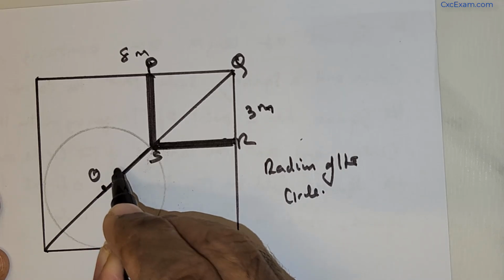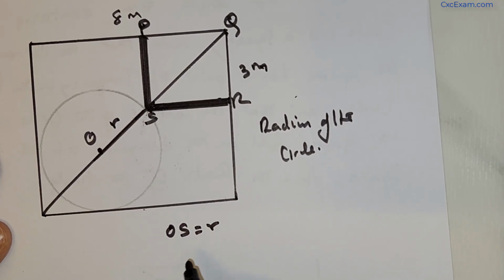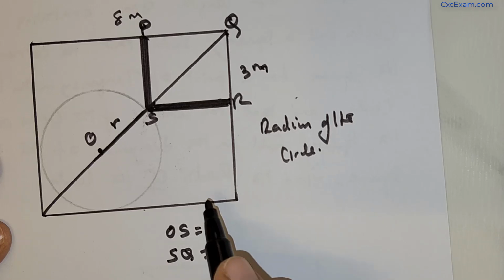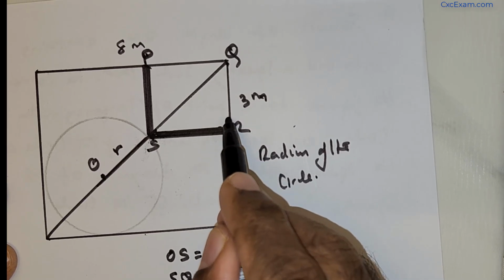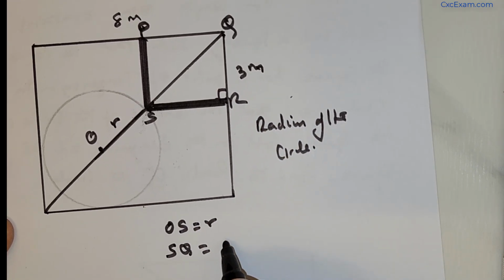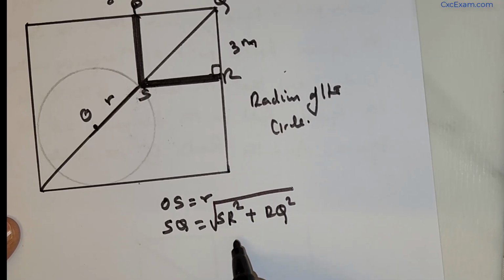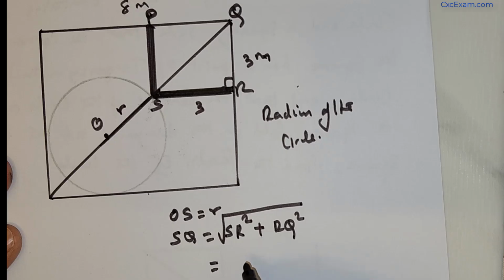Now this is clearly taken to be R, so OS is equal to R, and we will get SQ. SQ is going to be equal to, this is a right triangle, right? So I will be using the Pythagoras law, which is going to be the square root of SR squared plus RQ squared. So this is going to be 3 and this is going to be 3.